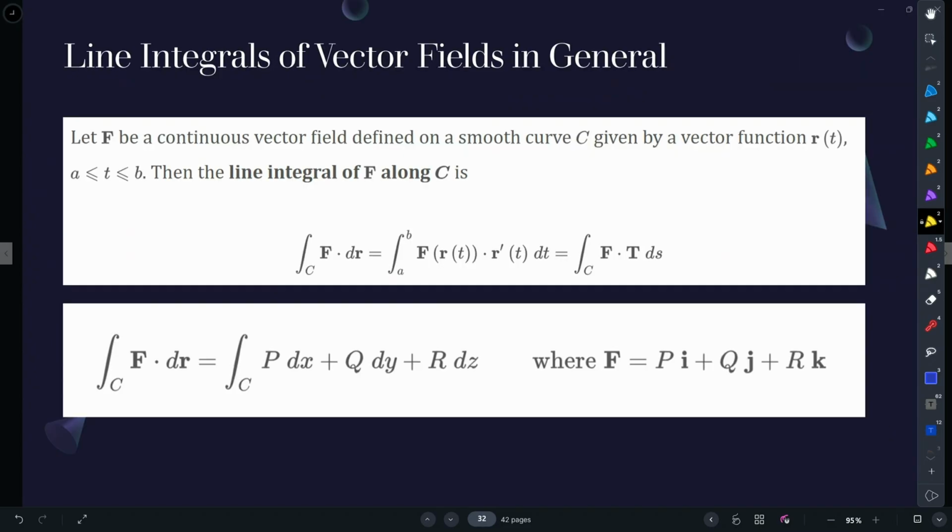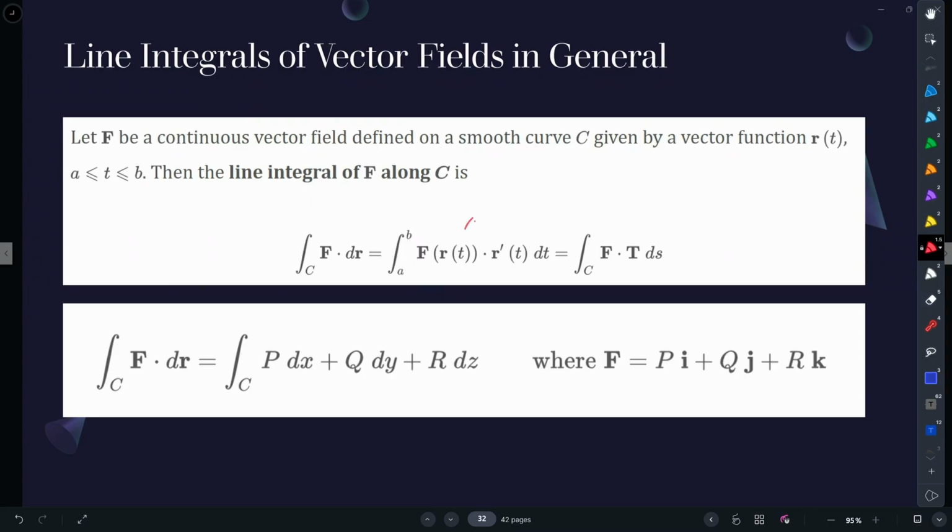I just wanted to point out, to finish, that in the previous lecture about line integrals, we computed integrals of this form, where we were just doing the line integral with respect to x. But if you look at what this means and what this means, they actually mean exactly the same thing.